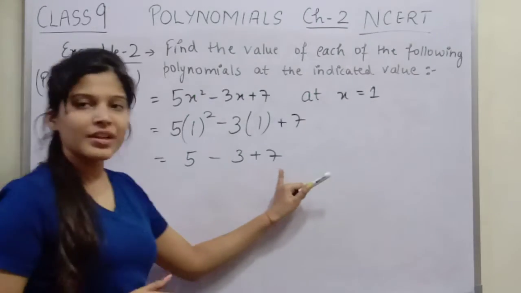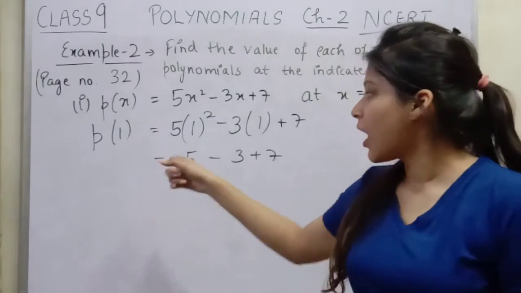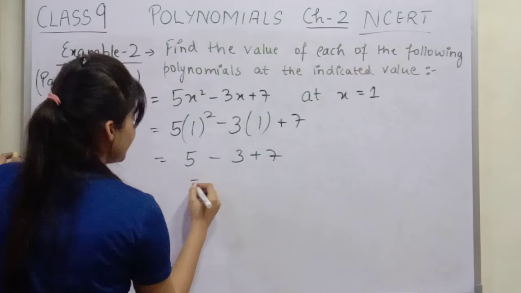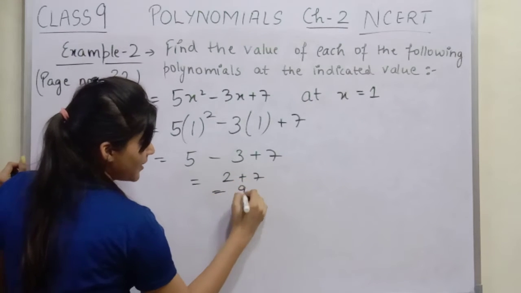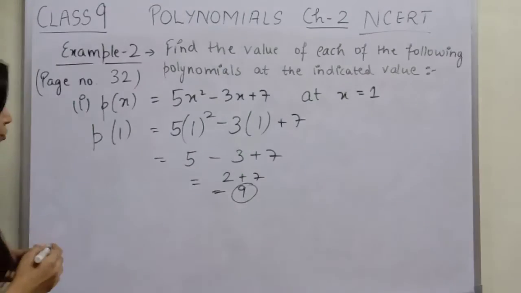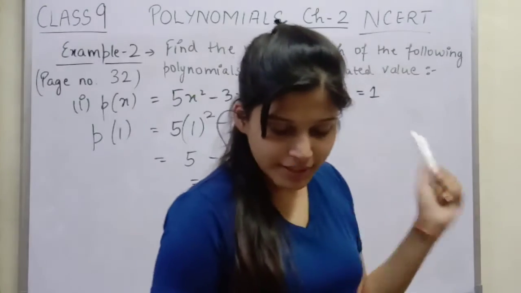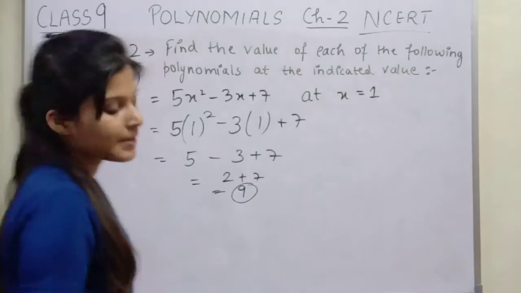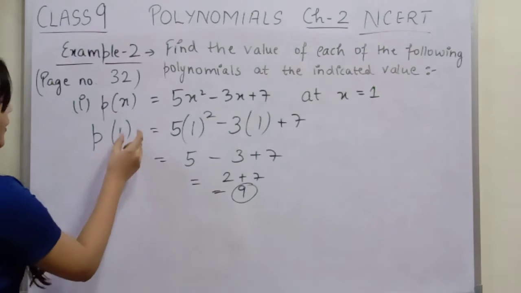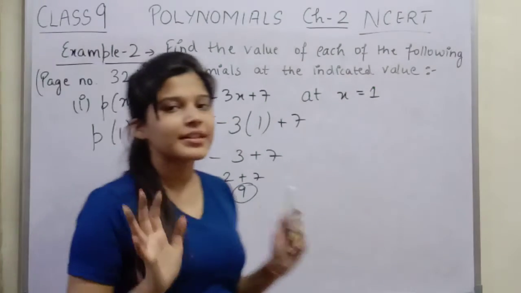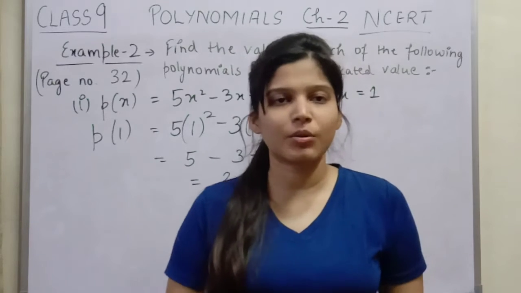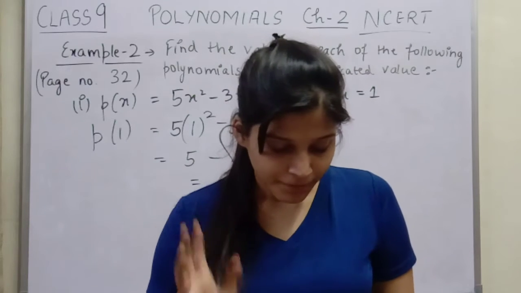So 5 minus 3 plus 7. Now 5 minus 3 is 2 and 2 plus 7 is 9. So basically the value of this polynomial at x equals 1 is 9. This is our answer and this is what we have to do in this example.